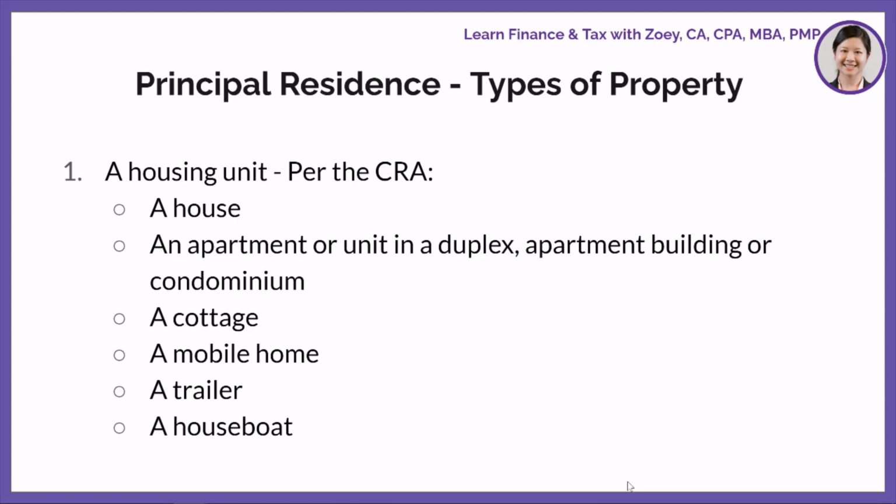First, the types of property that can qualify as a principal residence are defined in Section 54 of the Income Tax Act. The first one is a housing unit. According to the CRA, many types of property can be considered a housing unit, such as a house, an apartment, a condo unit, a cottage.